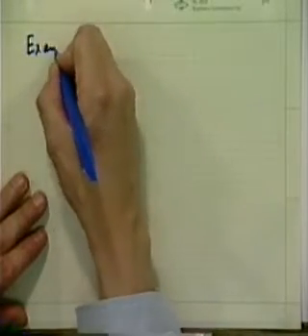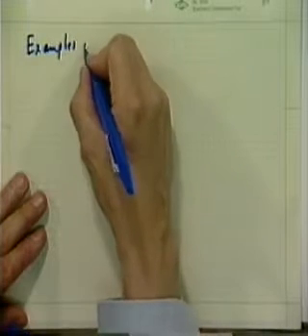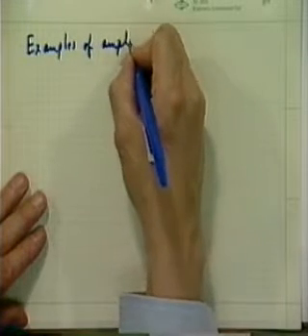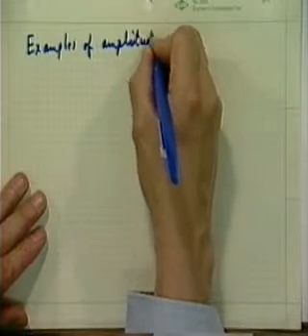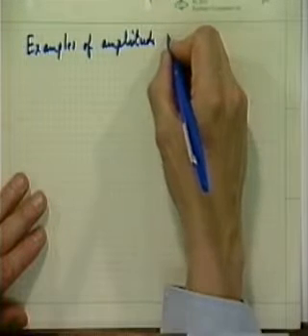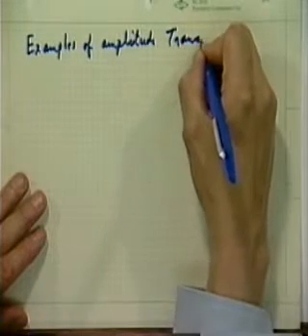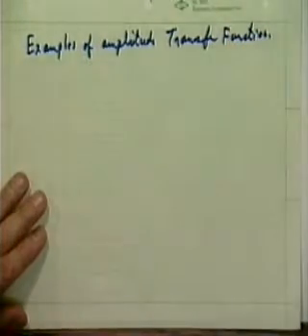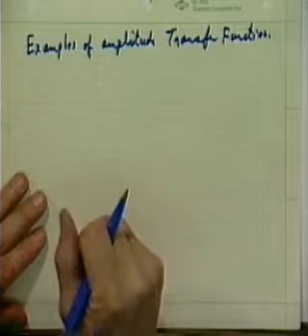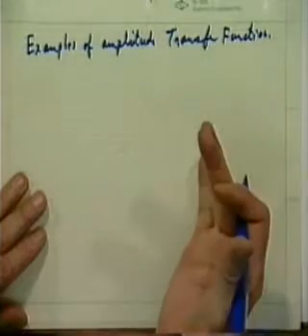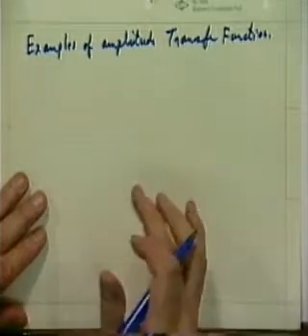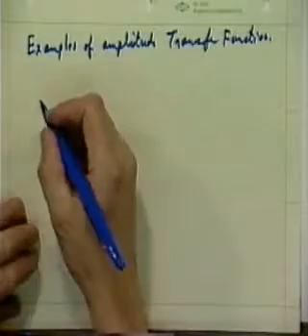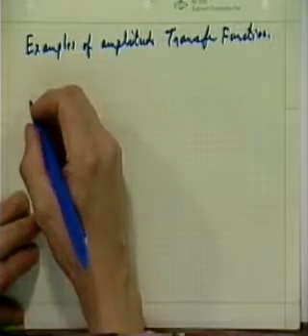Examples of amplitude transfer function. And you can probably guess that two examples are going to be a square and a circle. Okay. So let's do the square first.